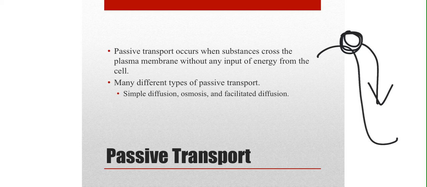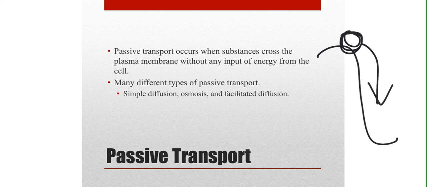We don't really see this in many substances. Typically, passive transport happens with small substances. And remember, the biggest thing here is we're going from high concentration to low concentration. So meaning we're going from a lot of particles on one side to very few particles on the other.